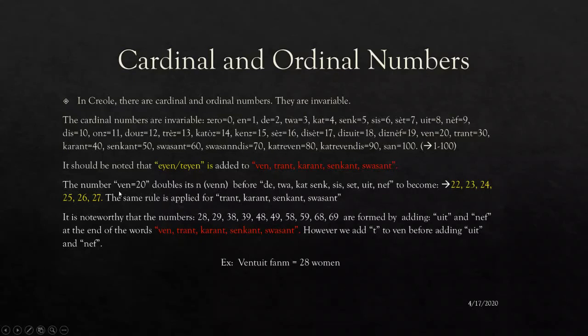The number 20 doubles its n. Then it becomes 20 before the word de. 3, 4, 5, 6, 7. Now American people will be like 22, 23, 24, 25, 26, 27. I'm not going to get to those yet.